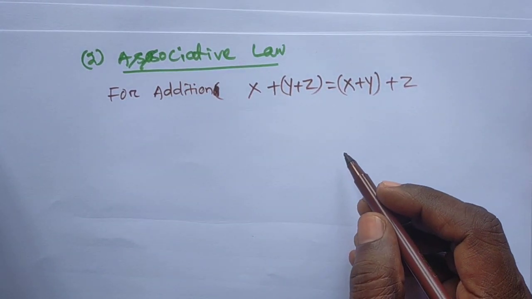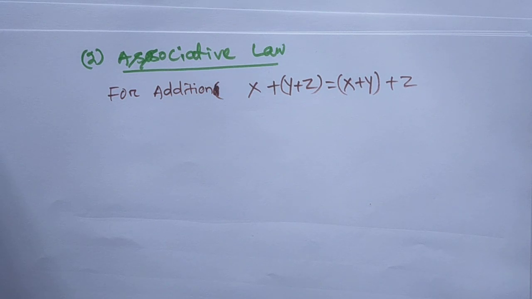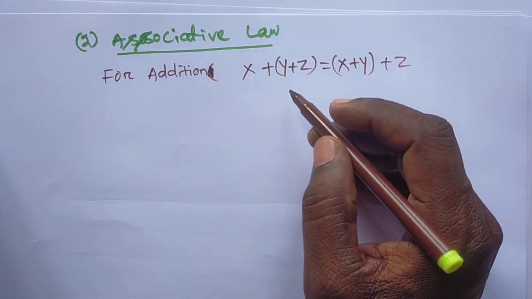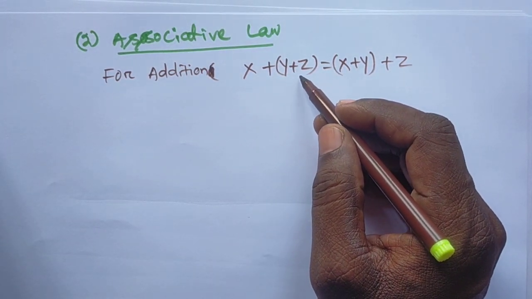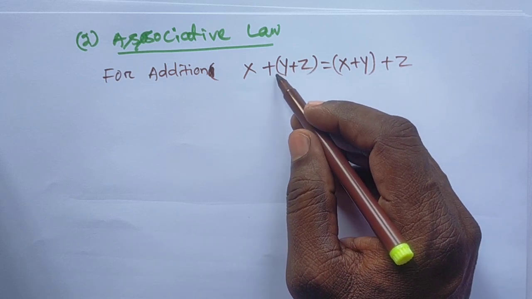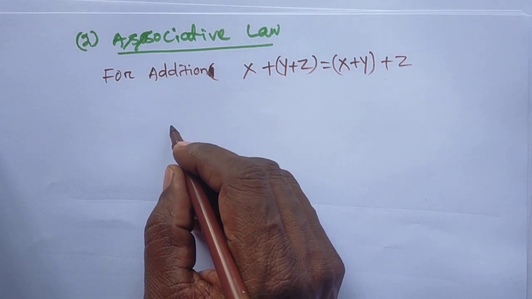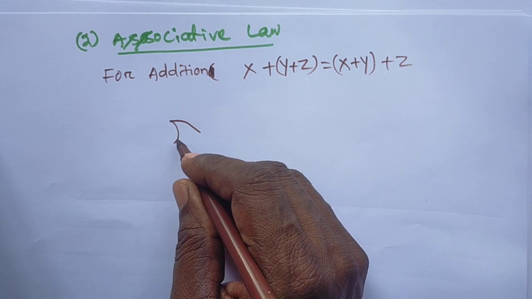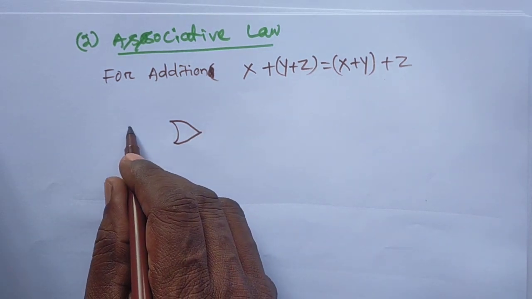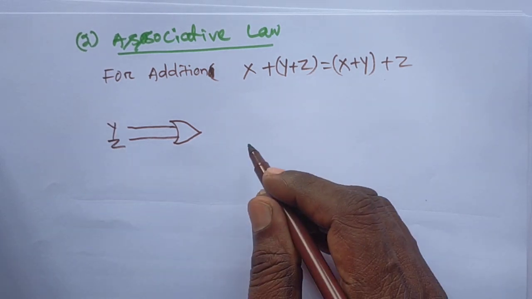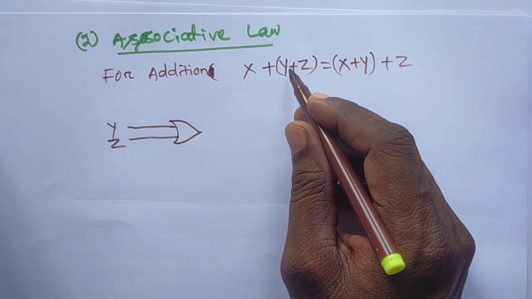Now see the logic gates we apply for this associative law. We take OR gates, both OR gates, since it is an addition operation. Now we start: first take the two variables y and z.